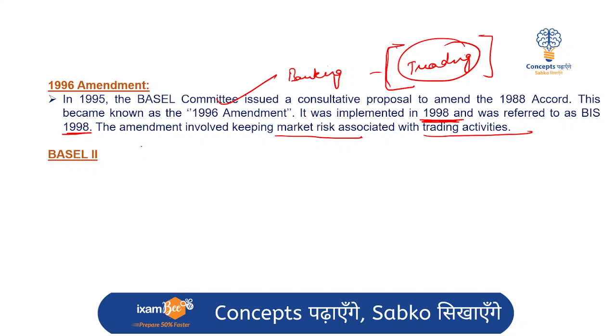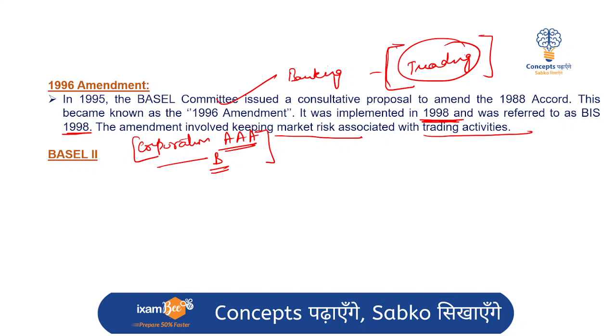For example, a loan is made to a corporation which is rated AAA, and the capital against this loan and the capital against a loan made to a corporation rated B was the same. So in a way there was no differentiation, and in Basel 1 there was no model of default correlation. That's why this particular thing was addressed in the Basel 2 norm.